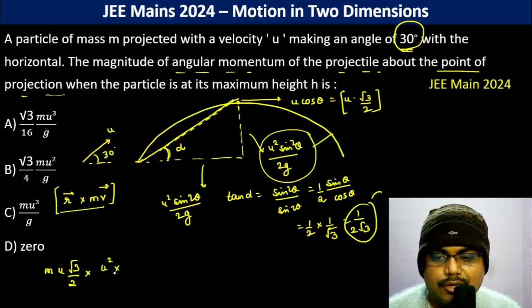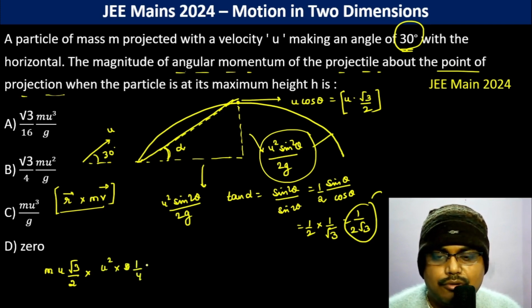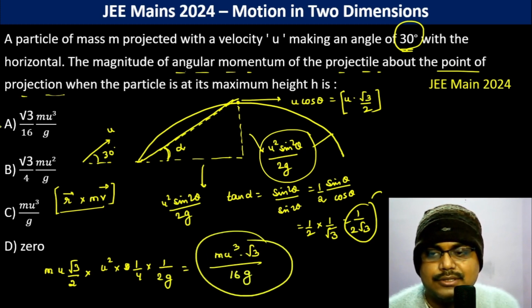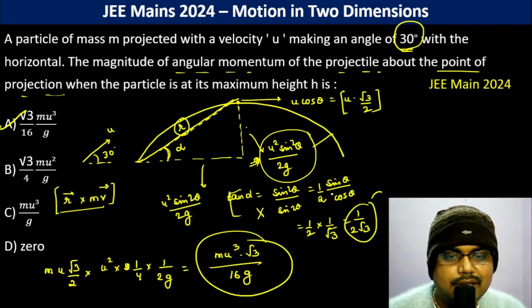So u square into sine square theta, sine square theta is 1 by 4 into 1 by 2g. So this is m u cube root 3 by 16g. This is the answer. So we are actually not calculating r sine alpha, because r sine alpha anyway we know here. So basically this tan alpha was also not required. Okay, thank you.